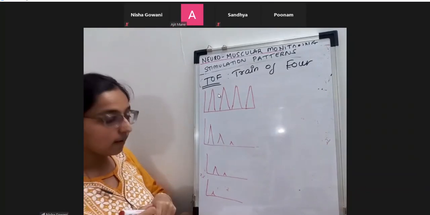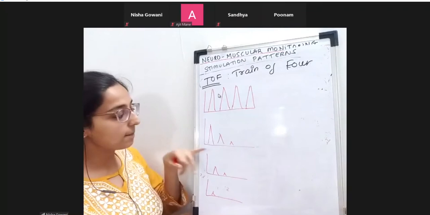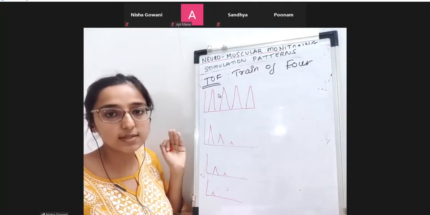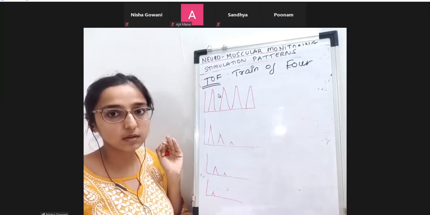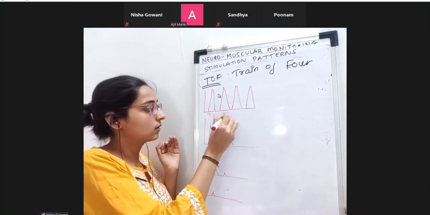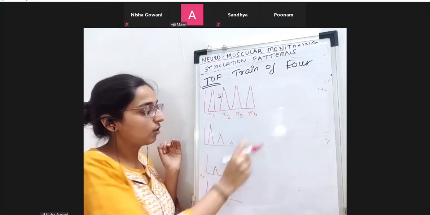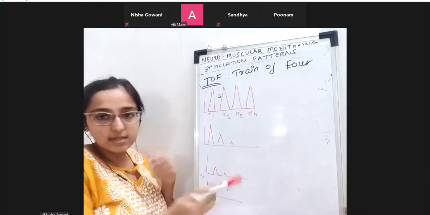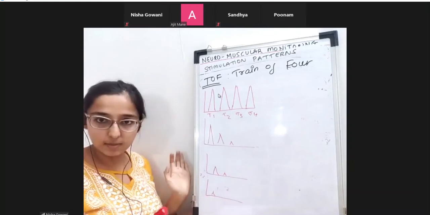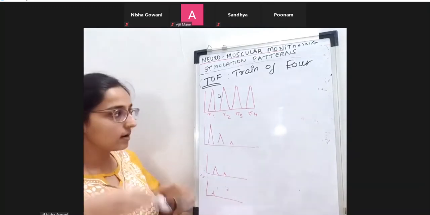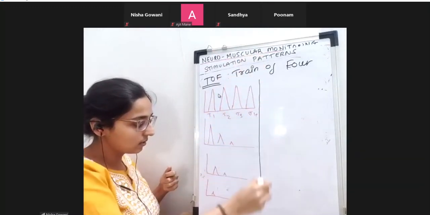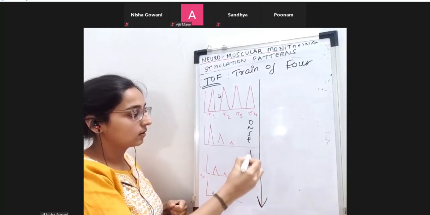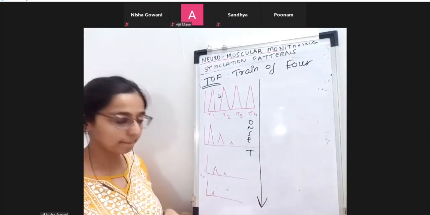Yes. So what happened? Which twitch disappeared first? Which one is the one to disappear first? T4. Correct. So T4 disappeared first, then T3 disappeared, then T2 disappeared. And this is the direction for the onset of the block.